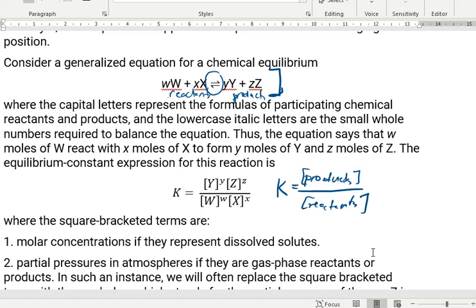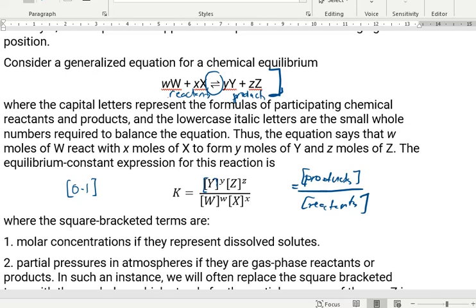Now, the terms in this K expression involve the molar concentrations if they represent dissolved solutes. Okay, so the brackets represent molar. So if you have a value of 0.1, that means it's 0.1 molar.